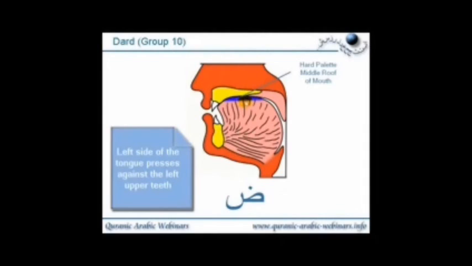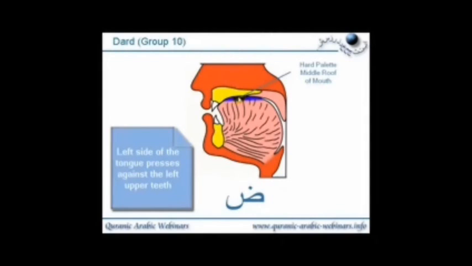So you say bod. Now notice as well that there will be a portion of the middle part of your tongue, going through the whole length of your tongue, which will be touching the hard palate, the roof of the mouth, as well.